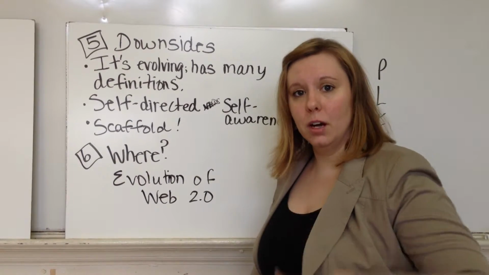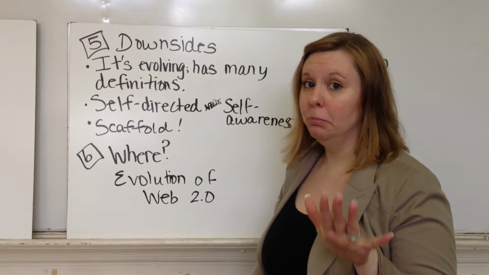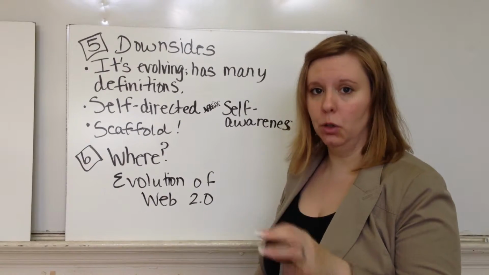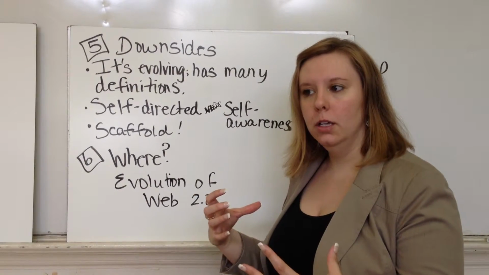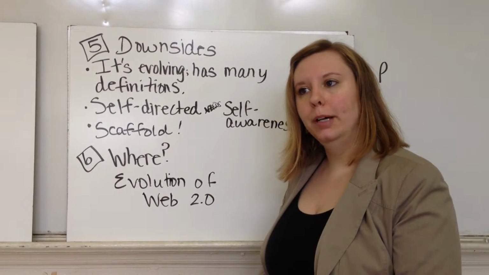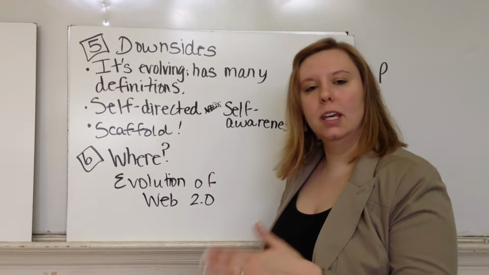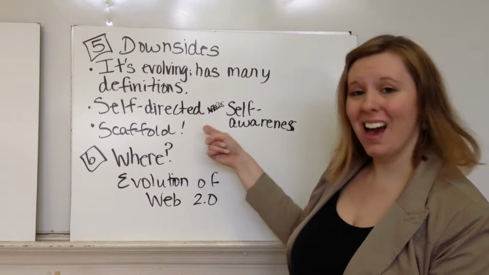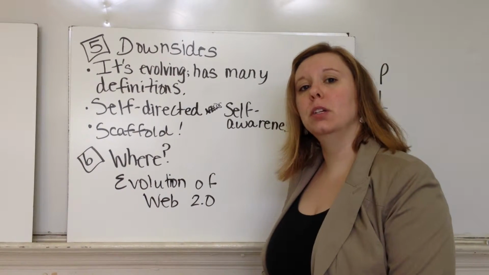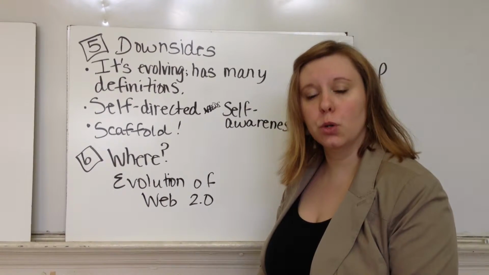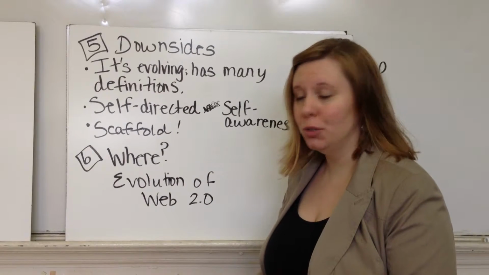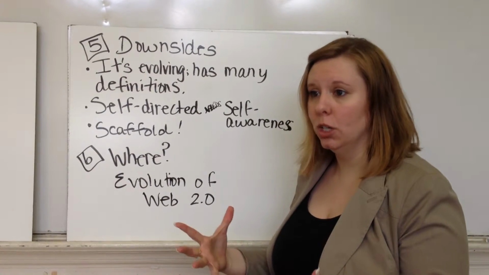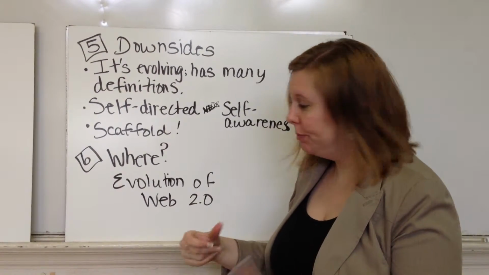So you need to set that up, and again, model, model, model, guide, model. You're doing a lot of that. It sounds like more work, but once they get the hang of it, they'll take control. So scaffold. You're going to be doing most of the work in the beginning of the year. Toward the end, not much, other than teaching in guided groups.